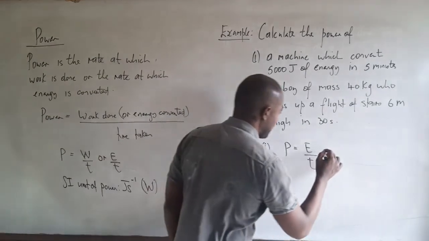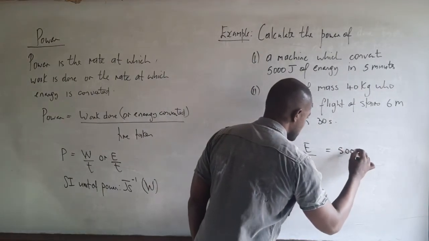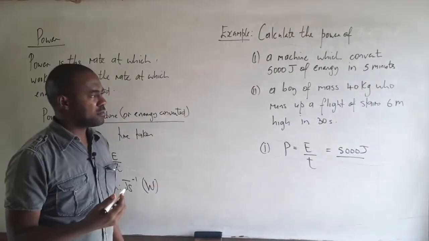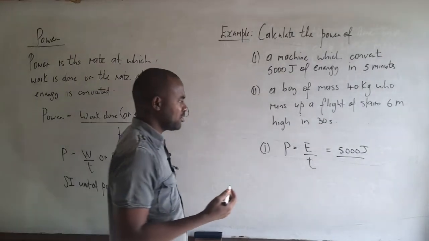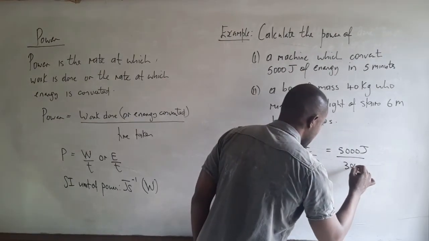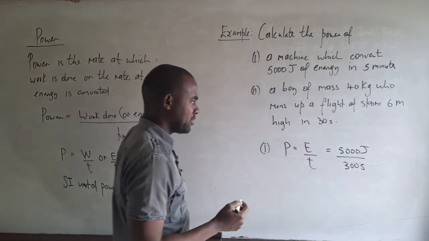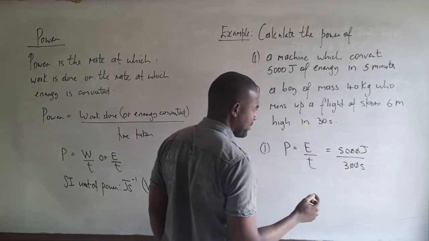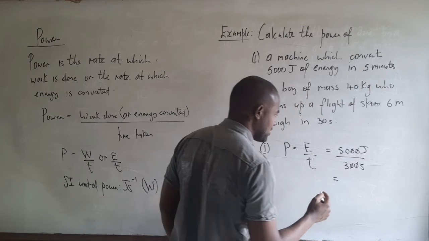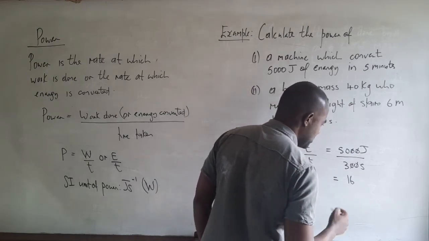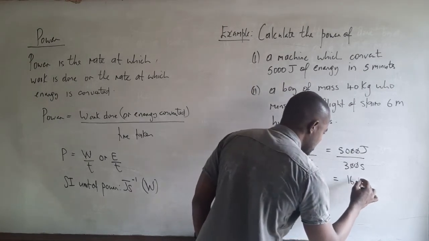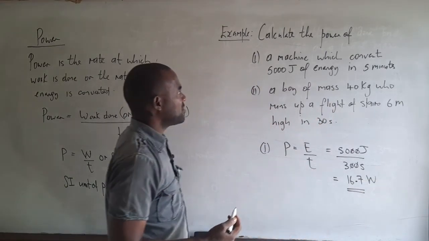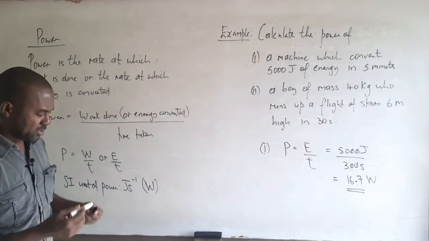So this is equal to 5,000 joules divided by, now 5 minutes, 60 seconds equals 1 minute, so 5 times 60 is 300 seconds. Right? And so this gives us 50 divided by 3, that is 16.66. Let's just round it to 16.7 watts. So the power of that machine would be 16.7 watts.